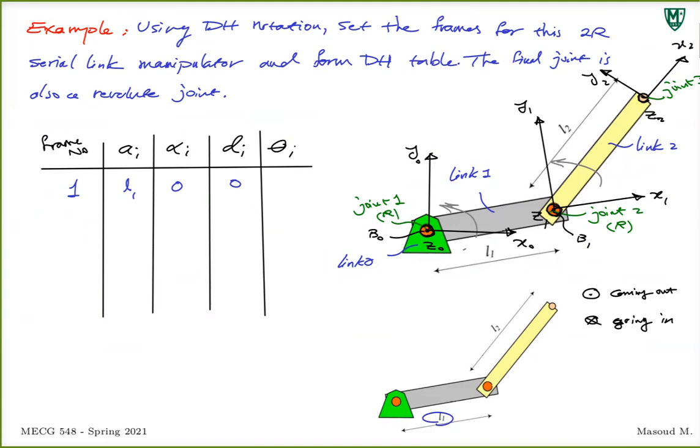Whatever that angle is, we call this theta. If you think about the line going through that, this is your theta 1. So theta 1 is whatever rotation you get when that revolute joint is in action.